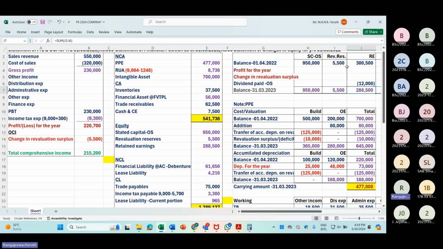So profit for the year you can add to the retained earning. And the change in revaluation surplus, 5,500 minus, you can take here.